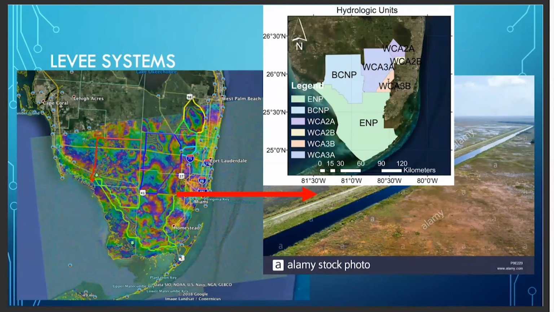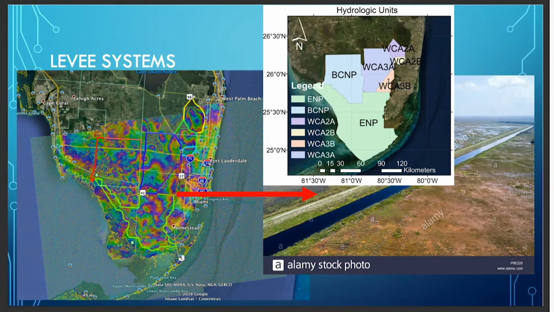The reason is, oh sorry, it should be animation. I put these boundaries in different colors. They are different hydrological units. For example, here people call them water conservation areas because they function like a cell and they have a levee system. So they can control the water level within each conservation area.